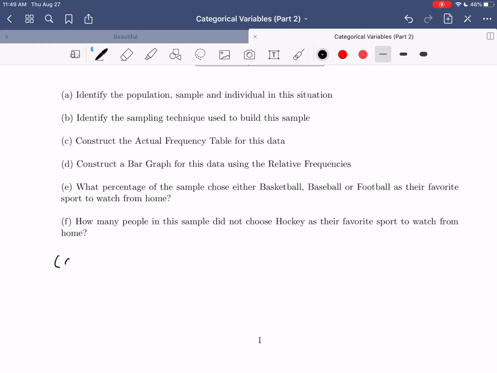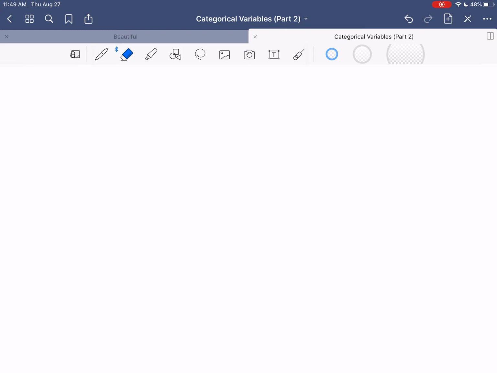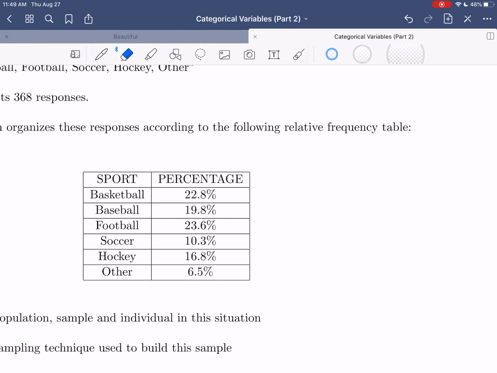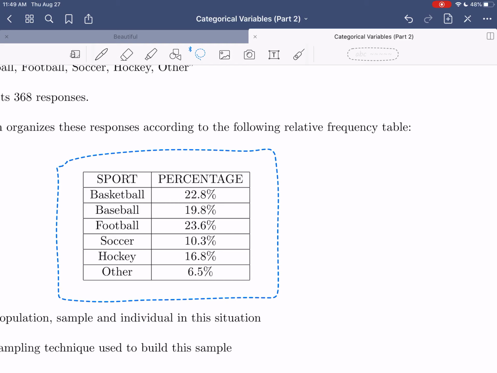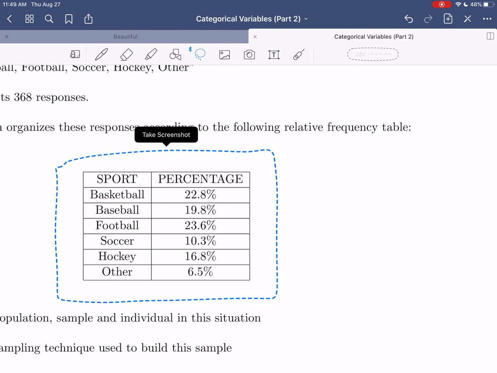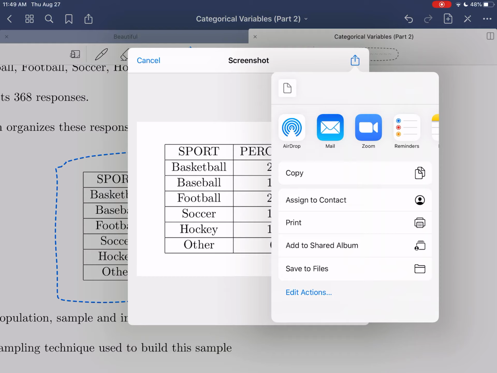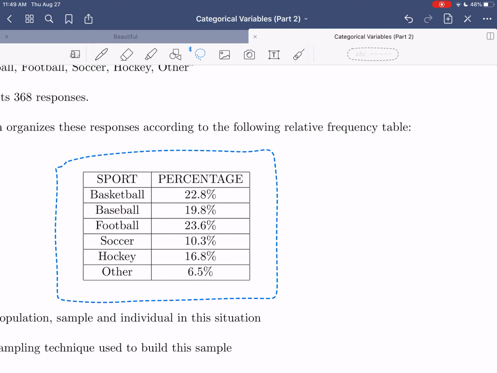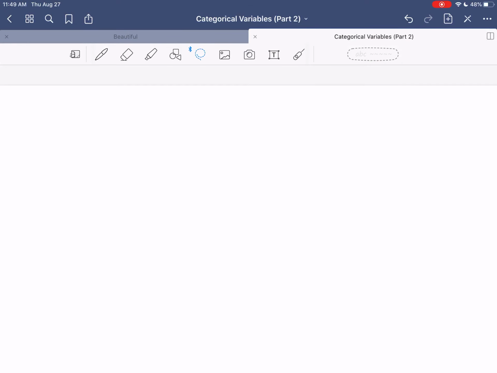So for C here, maybe it might be a little nicer to give ourselves a completely fresh page, and that'll be a little bit better. And we'll just grab this part right here, just bring that data over. Okay, all right, so let's go ahead and pop that up there just so we can reference it.